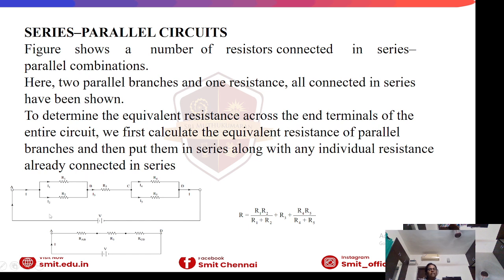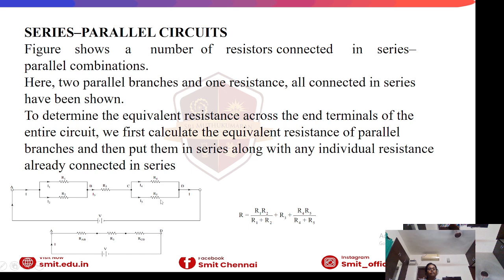So as per the statement here, R1, R2 are connected in parallel, which is calculated as R1 R2 by R1 plus R2. And this is nothing but the equivalent resistance of R1, R2.